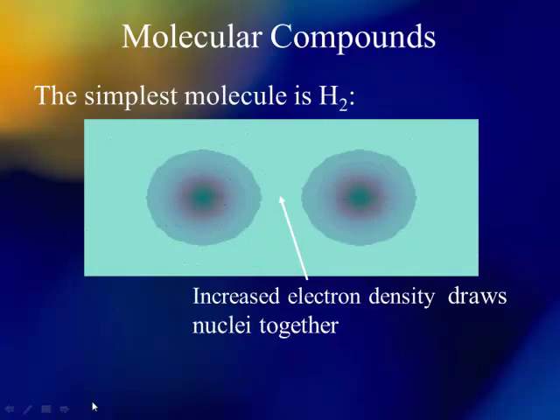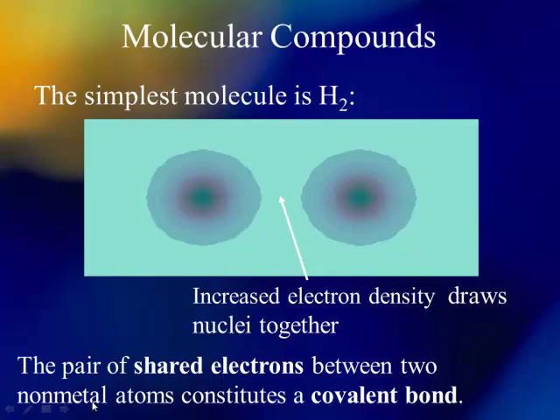Moving on to molecular compounds, the simplest of which is a hydrogen molecule. When one hydrogen atom is close to another hydrogen, it gives that second hydrogen access to its electron. The second hydrogen does likewise. This shared pair of electrons constitutes a covalent bond.